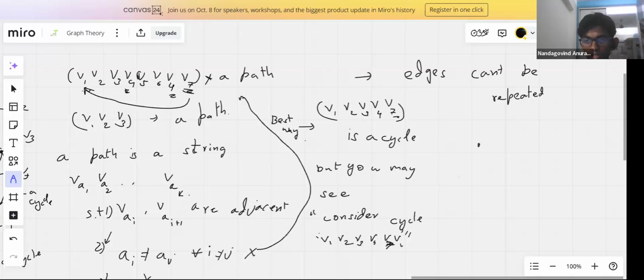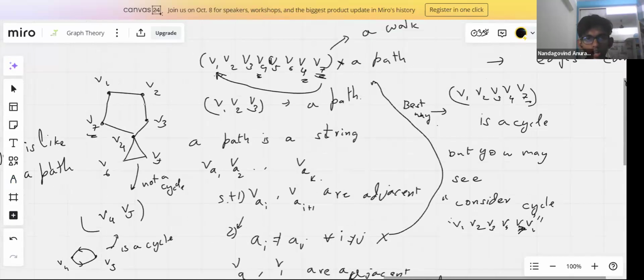So for example, this is now a walk, because if you go edge to edge, you are no longer repeating any edges, because every edge you use is distinct. However, you repeat a vertex, but that's fine when it's a walk, but it's not fine when it's a path. Does this make sense?